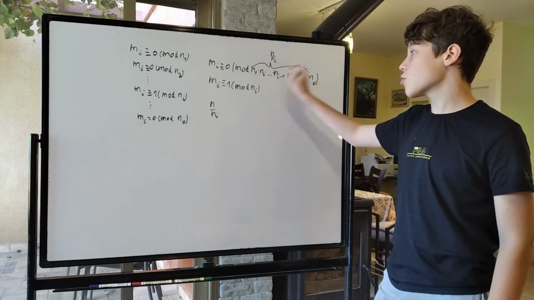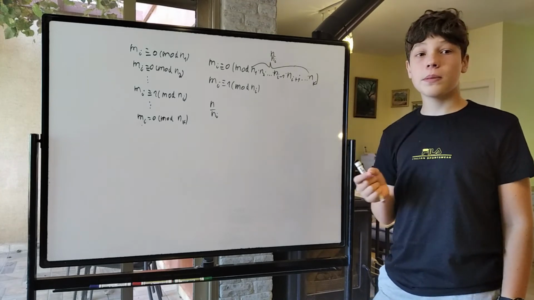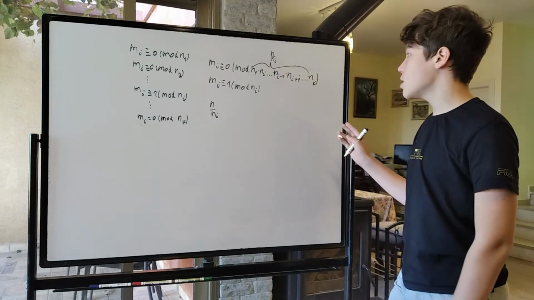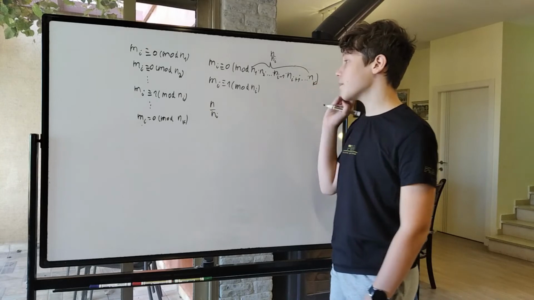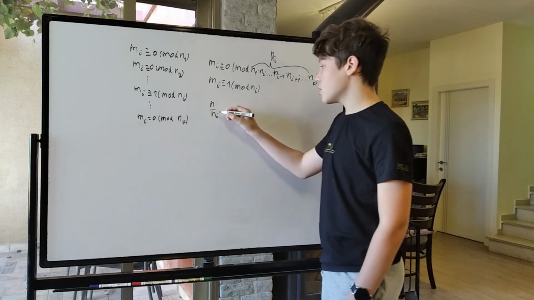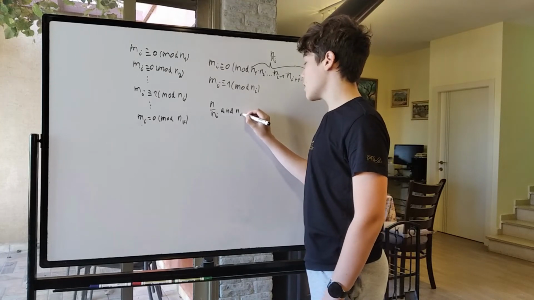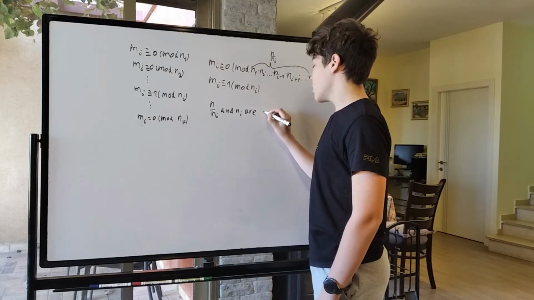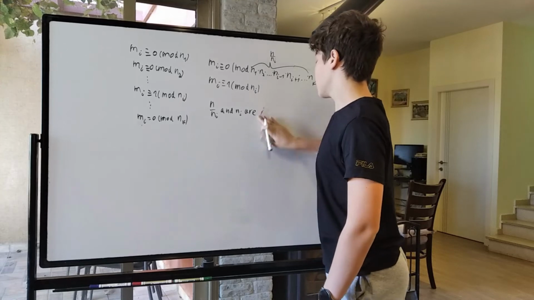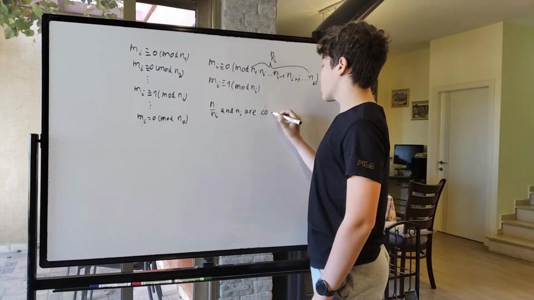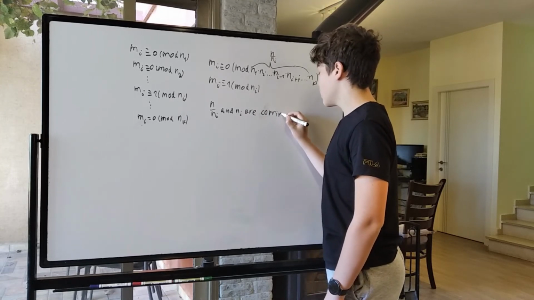And if each term is coprime to ni, then it must be the case that the entire product, which is the number n over ni, is coprime to ni. So n over ni and ni are coprime.